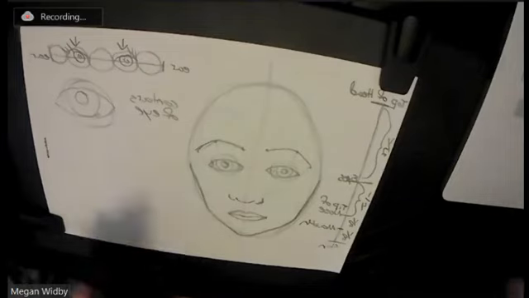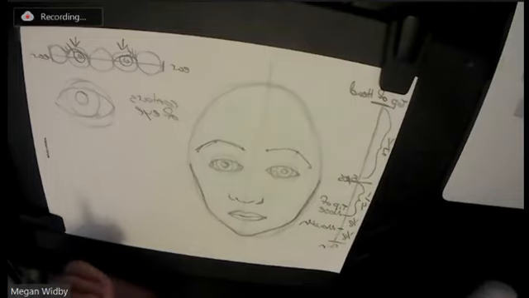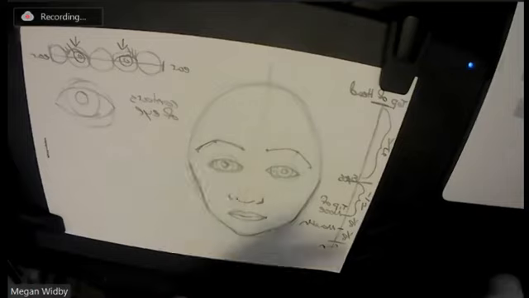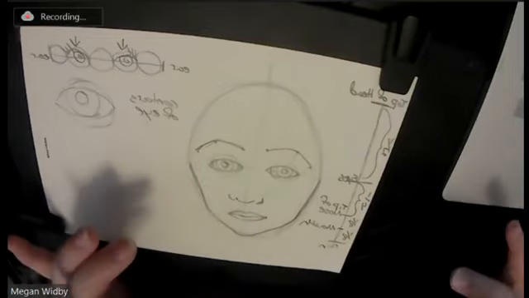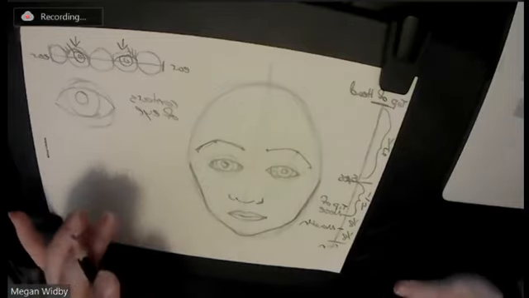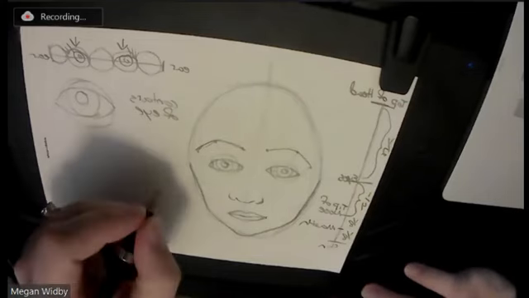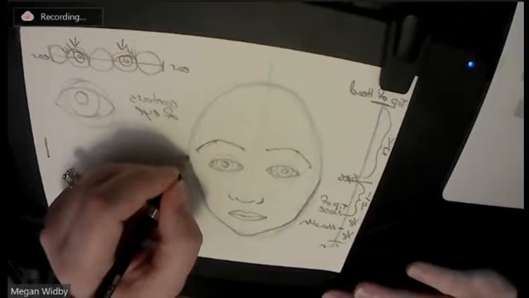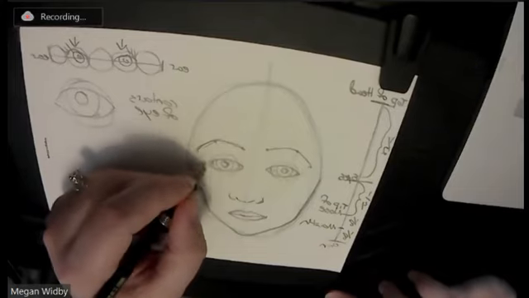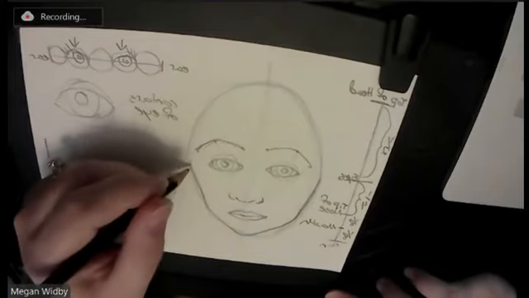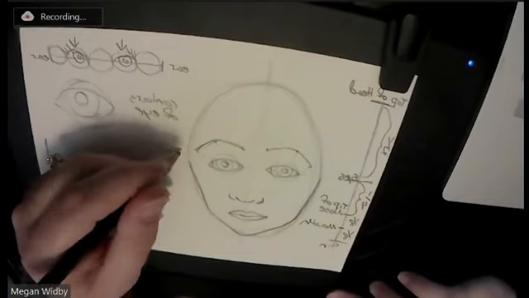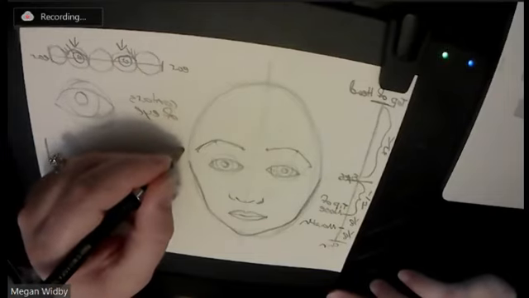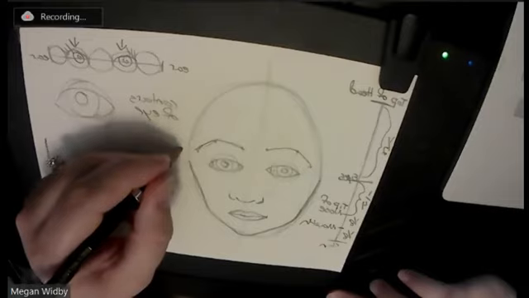So eyebrows, now ears, where the ears normally fit. Again, I said we're going to cheat a little bit, but at least as far as knowing the proportions, it's going to be helpful. So generally, your ears are going to connect to your head roughly in line with your eye. And then the top of your ear will be roughly in line with the edge of your eyebrow.